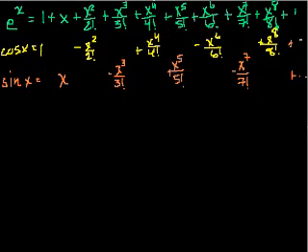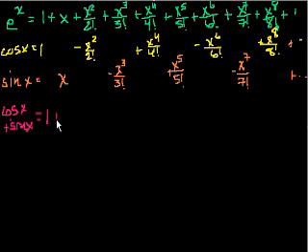Now let me make that clear. What if I were to define the function cosine of x plus sine of x? What would its Maclaurin series representation be? Well, it's essentially adding these 2 rows.